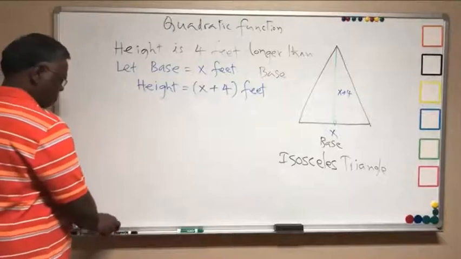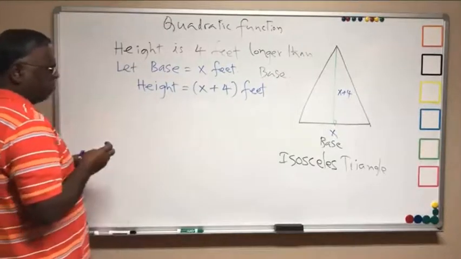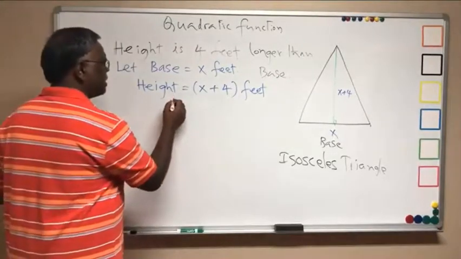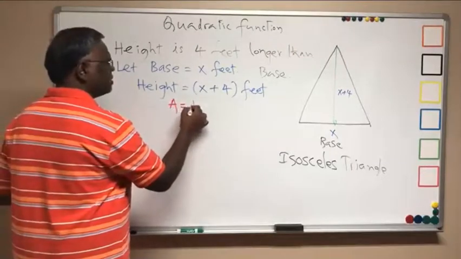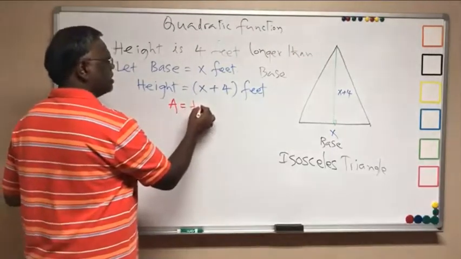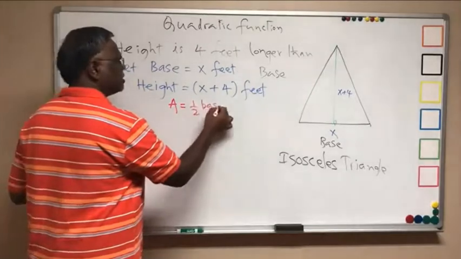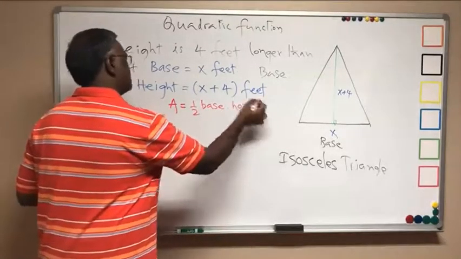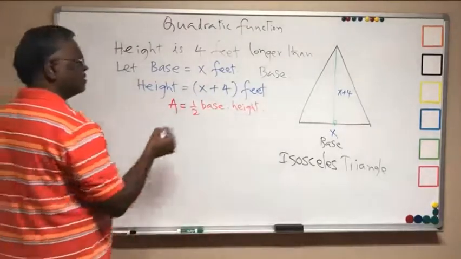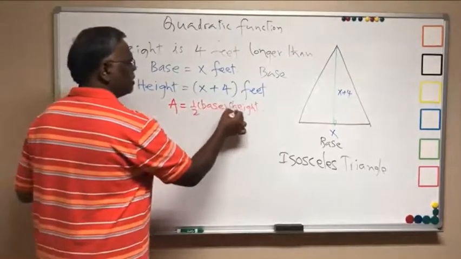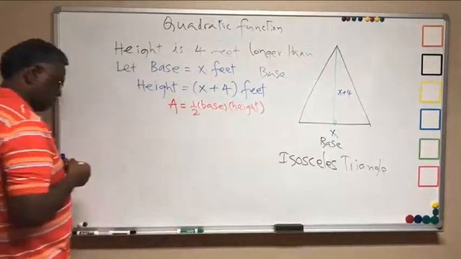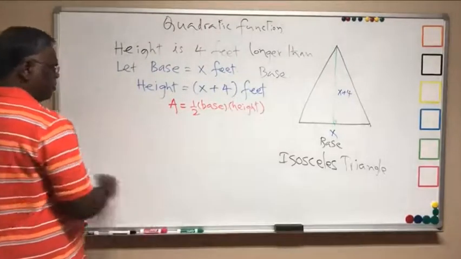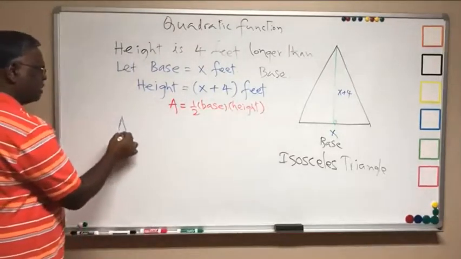You know the formula for the area of a triangle: area equals half times base times height. You can even have it in parentheses.